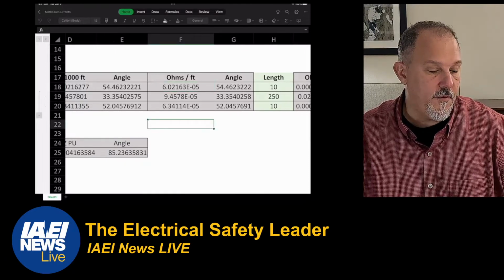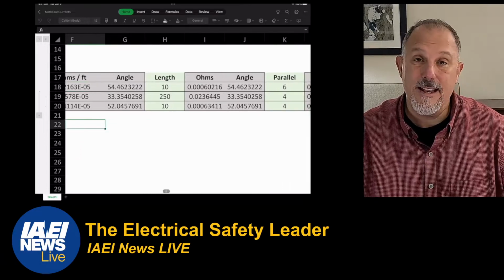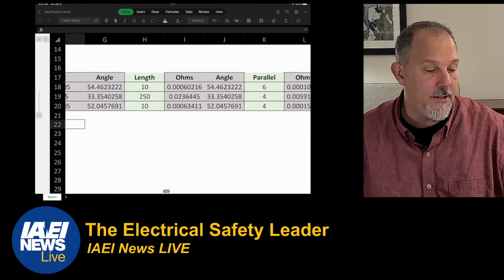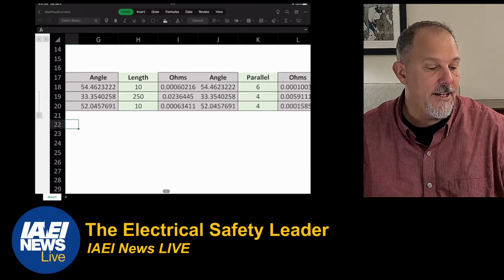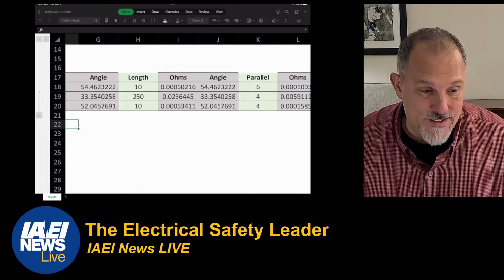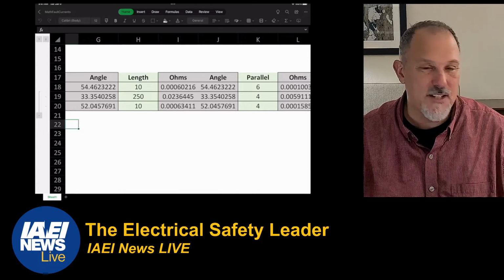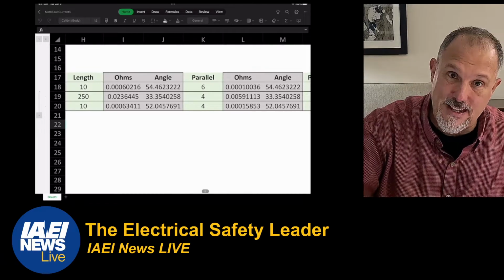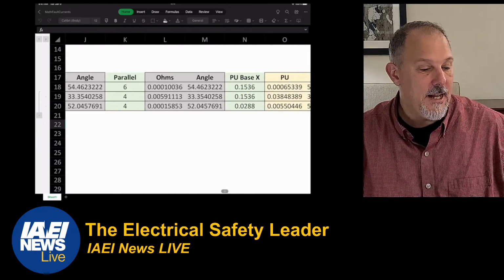So that's ohms per foot. I calculate the length, the number of feet. I take 10 times that number of the ohms per foot, and I get 0.0006216 at 54.46. If you have 6 of those conductors in parallel, you divide that number by 6, and you get the angle.